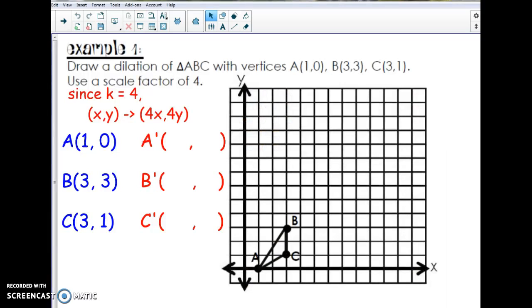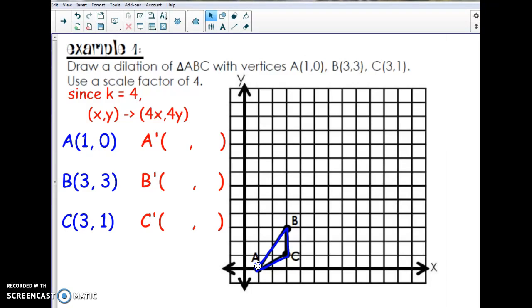Okay, so let me put it back on this screen so you can see it better. The coordinates to that shape right there are (1, 0), (3, 3), and (3, 1). So right now, guys, we're looking at the initial shape that was graphed on the paper for us, okay? They didn't write down the coordinates, but they really should have. Because when you're doing scale factor, when you're doing a dilation, in this case, we need to dilate by 4.